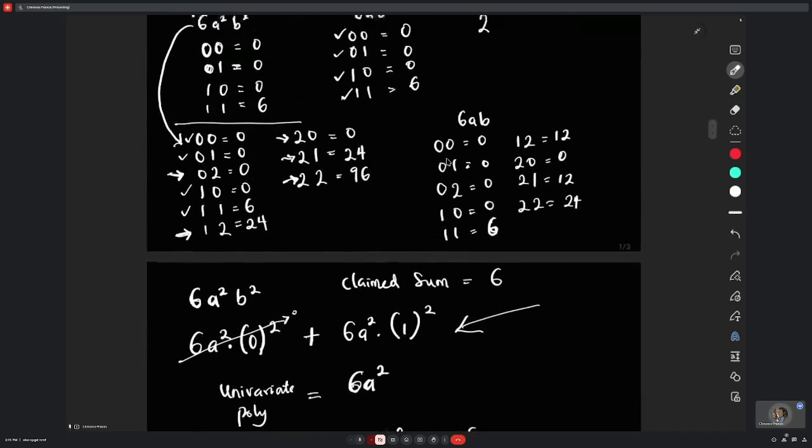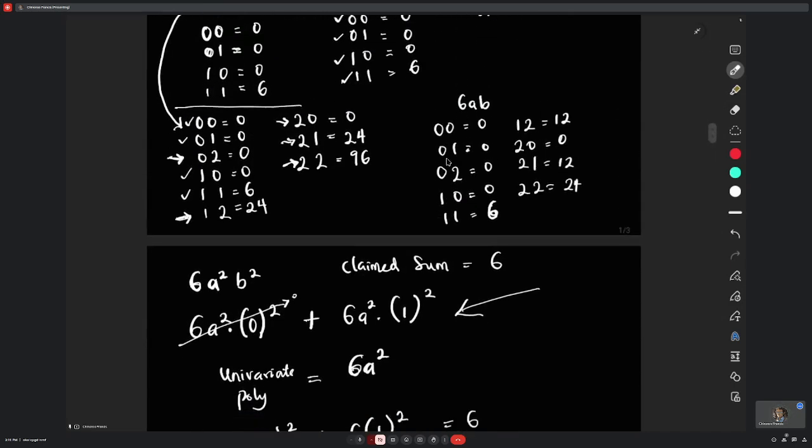Okay, I think you're saying product of multilinear polynomials. If it was a sum, you can add them together element-wise to get one polynomial, right?